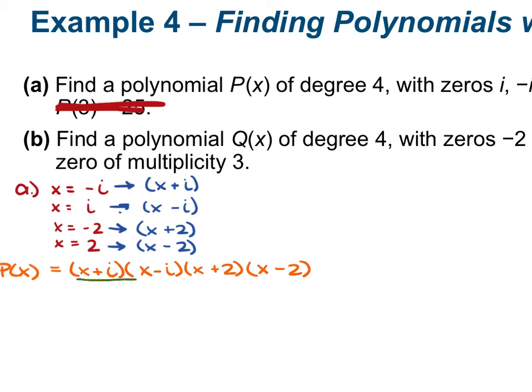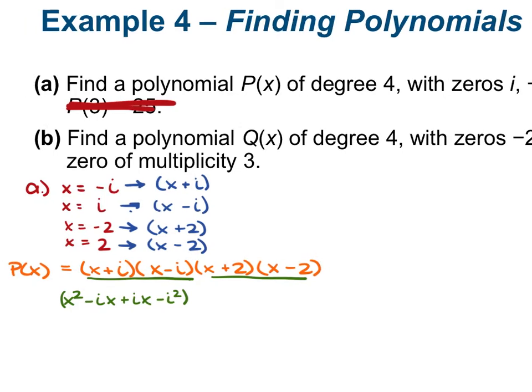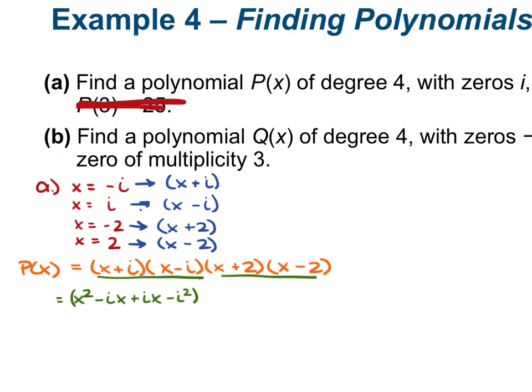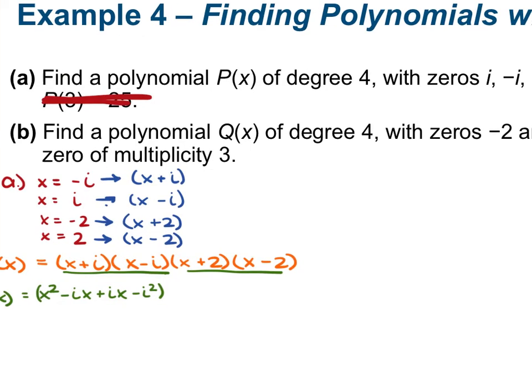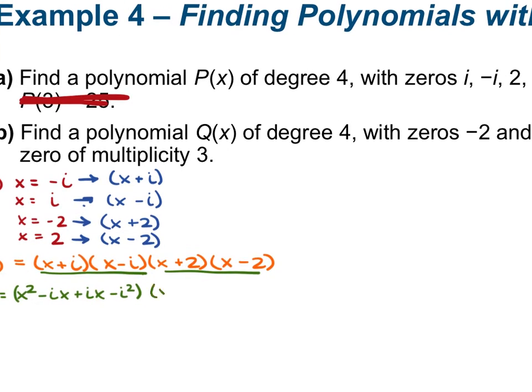If we multiply the x plus i times x minus i, x times x is x squared. X times negative i is negative ix. i times x is positive ix. And i times negative i is negative i squared. If we multiply the x plus 2 times x minus 2, x times x is x squared.